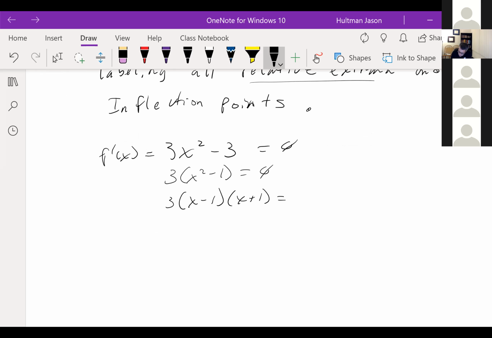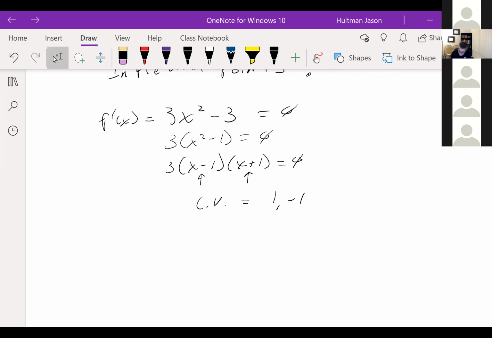What number is going to get me 0 here? 1. What number is going to get me 0 here? Negative 1. So what are my critical values? My critical values are 1 and negative 1.